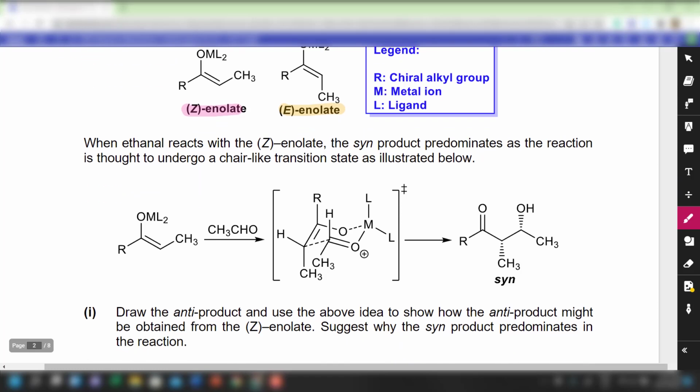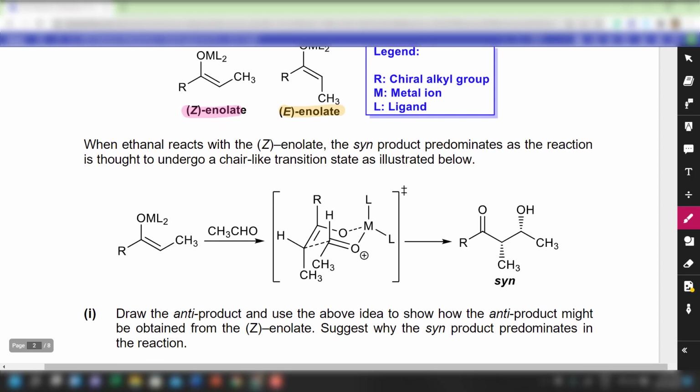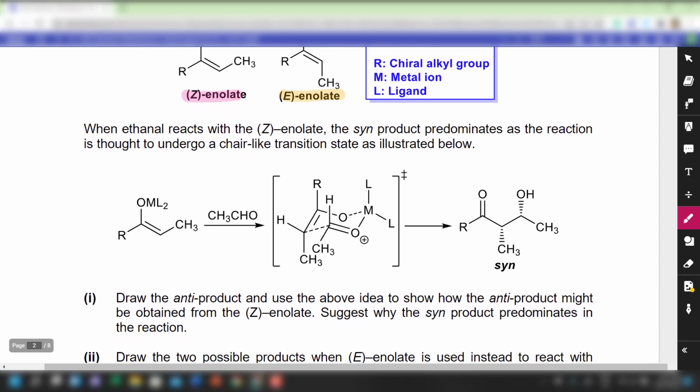Okay, so in the story below, you were told that when ethanol reacts with the Z enolate, the syn product predominates as the reaction is thought to go through a chair-like transition state. So this has already been established in the scientific community. It's now being given to you as information which you are required to apply in the solving of the questions later on.